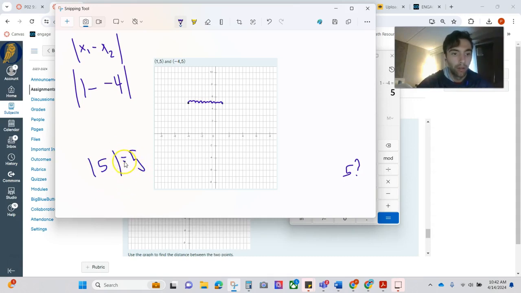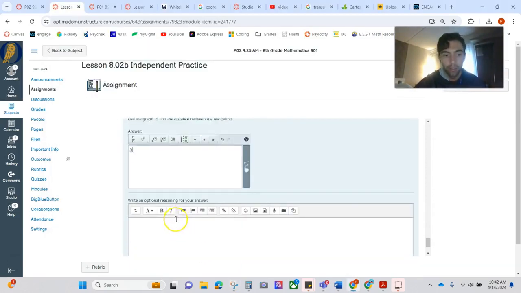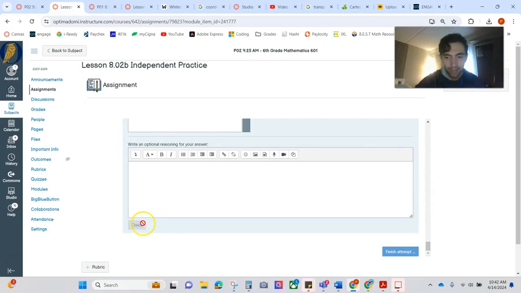Absolute value turns all numbers into a positive, even if they were positive already. Now, we could have also typed in 1 plus 4, because minusing a negative is the same as adding. Losing a loss is the same as gaining. No longer being sick is good. So both of these are 5. Okay, looks like our distance for this question is 5. We proved it with counting. We proved it mathematically.